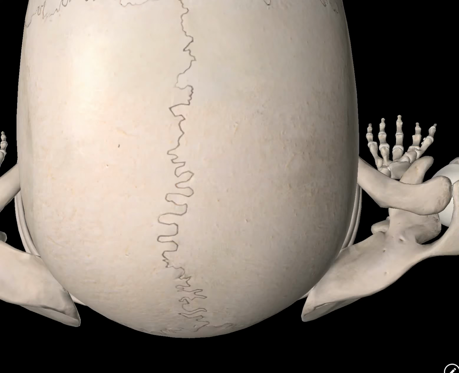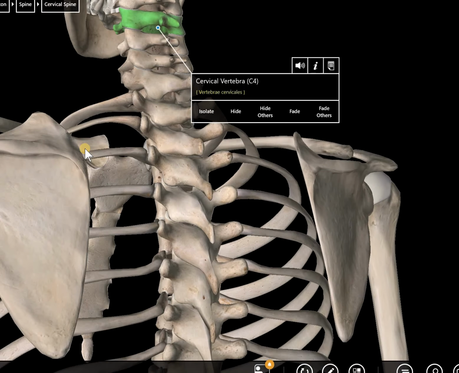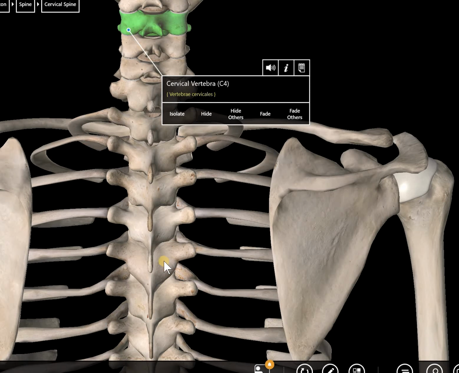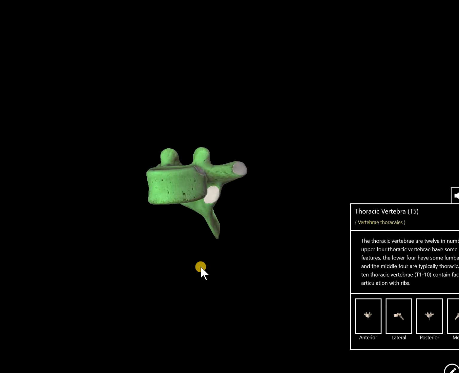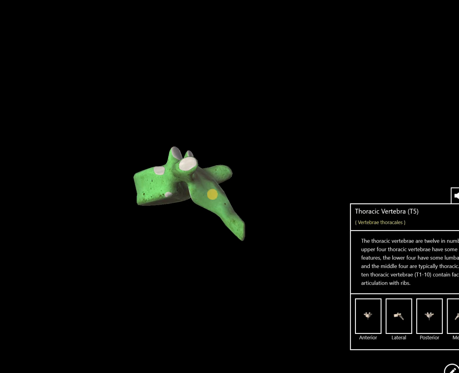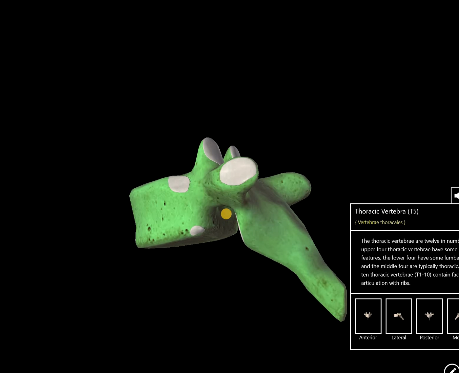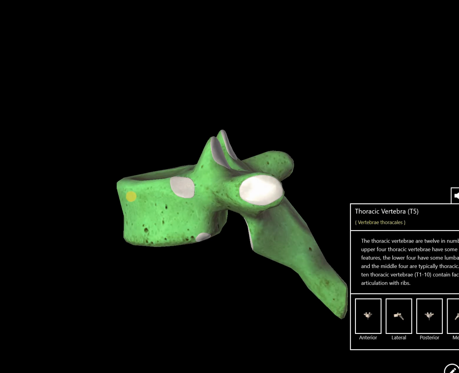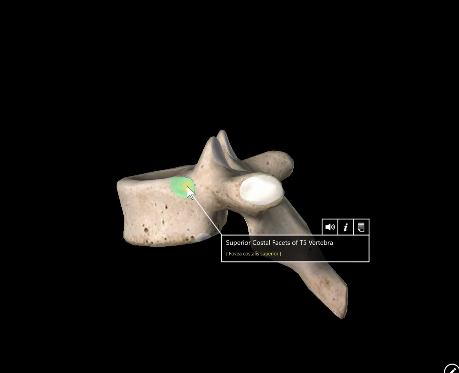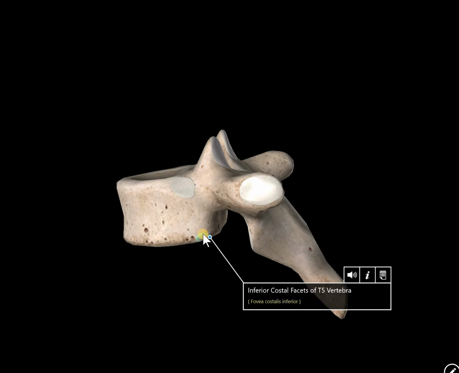Okay, let's do a thoracic. Thoracic bones classically have this inferior facing long slender spinous. They also have these costal facets. There's the superior costal facet and inferior costal facet that receives the rib, the head of the rib.